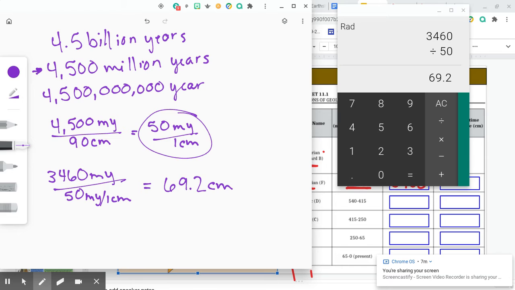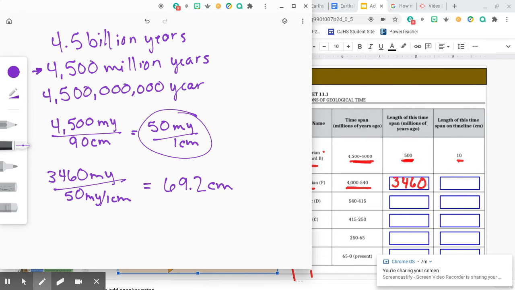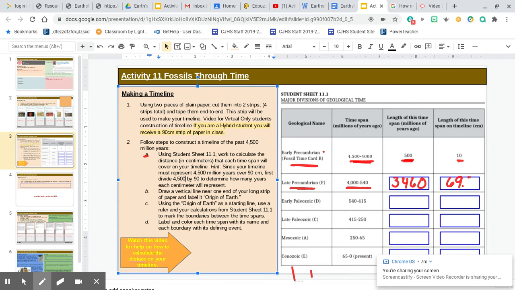Okay, so then over here we would write 69.2 centimeters. The late Precambrian stage was much longer than the early Precambrian stage, because that one was only 500 million years long, and this one's 3,460 million years long.